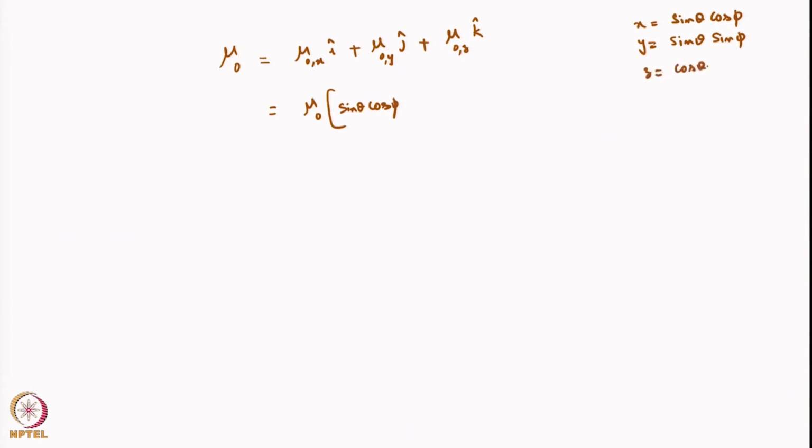So, this is from the conversion of spherical polar coordinates into Cartesian coordinates: sin theta cos phi i plus sin theta sin phi j plus cos theta k.